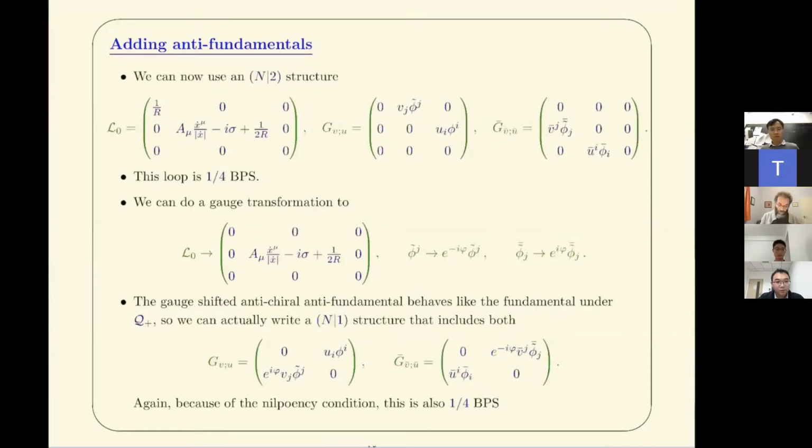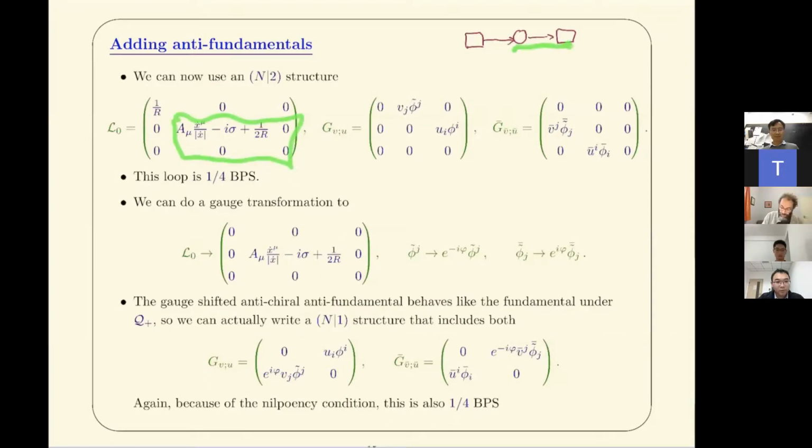So we had the Wilson loop for this gauge theory with this quiver diagram. And now I want to add anti-fundamental chirals. So I will construct an n plus 2 times n plus 2 block, where this block is as before.